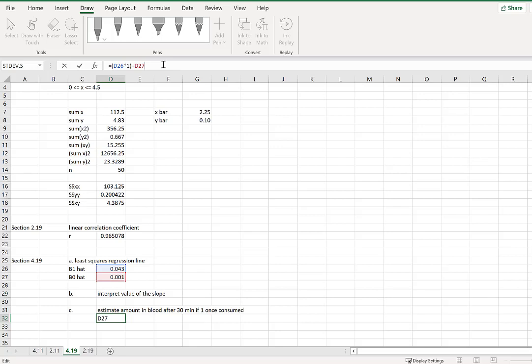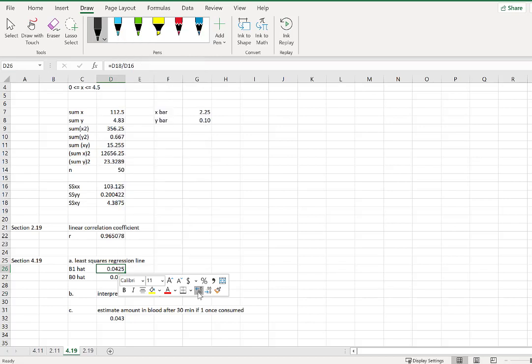And when we calculate that out, we wind up with 0.043, which makes sense since, well, actually, that doesn't make sense, does it? Because I have 0.043 times 1 plus 0.001. Let's do it this way in Excel.